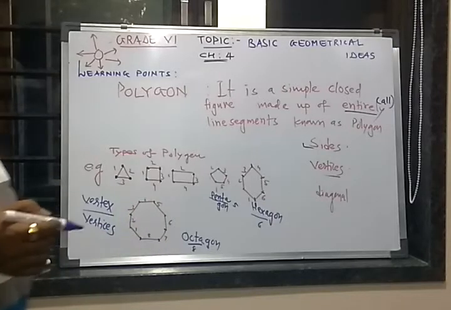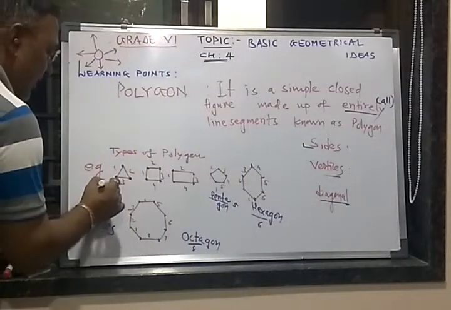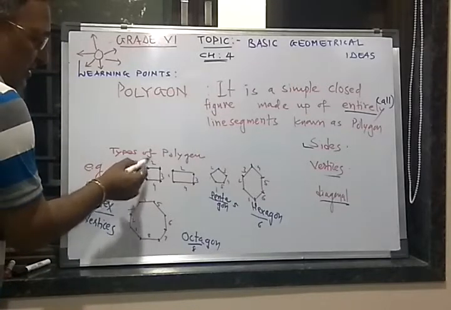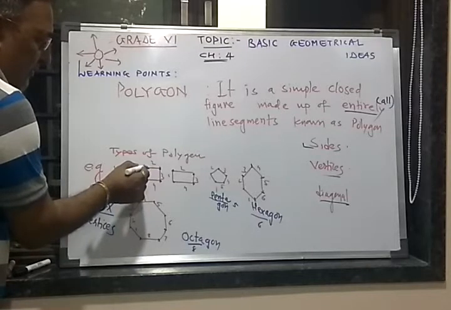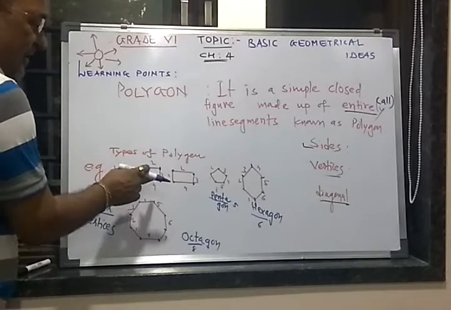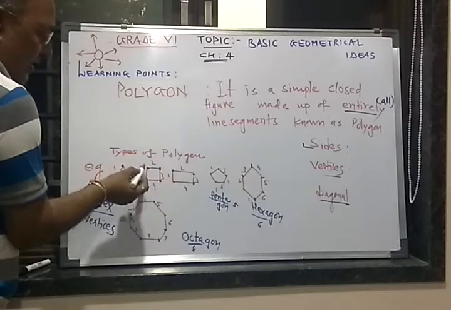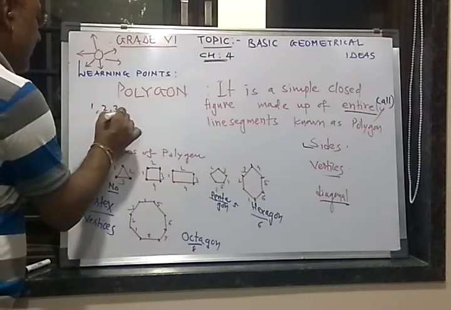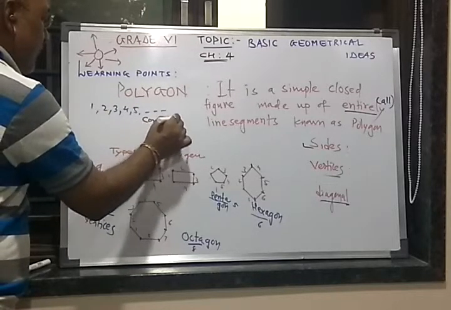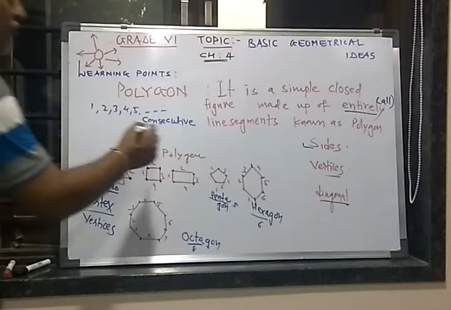Now let's talk about diagonals. There are no diagonals in a triangle, because a diagonal is a line segment joining non-consecutive vertices. Consecutive means orderly: 1, then 2, then 3, then 4, 5.